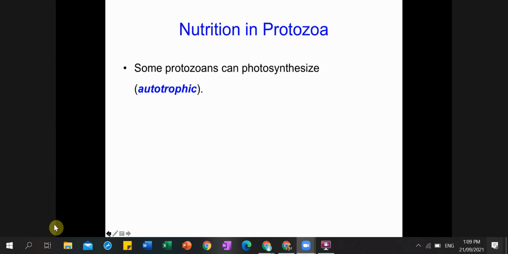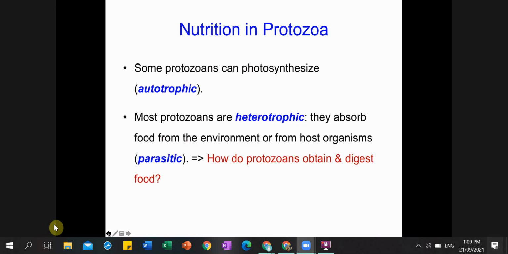But this is not the only mechanism for them to have food. Even those protozoans that can photosynthesize still need to rely on food from the external environment.